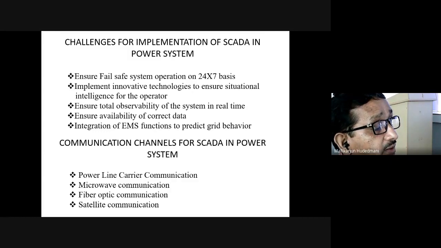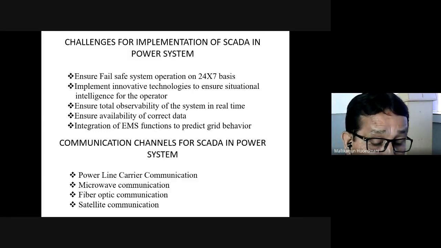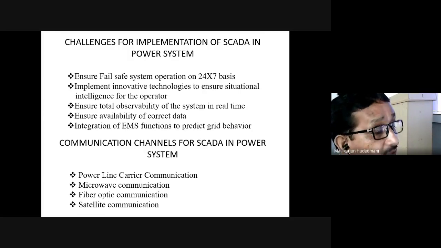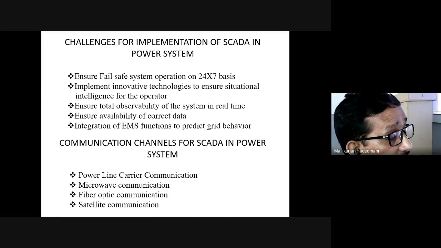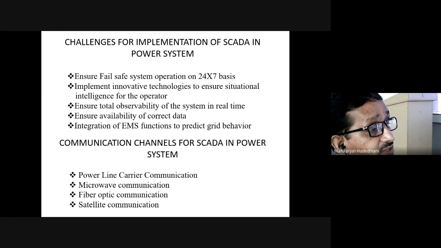But when we want to operate with due regard, there are so many challenges, and there are some precautions and some investments one would need to take care of. That's how the challenges and implementations of SCADA in power system are identified.